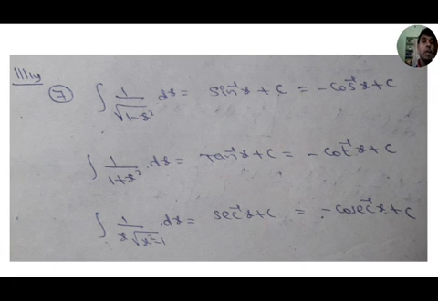Means we have x integration, x to the power of n integration, log x in 1 by x integration and e to the power of x integration, a to the power of x integration, sin x integration, cos x integration, sec square x, cosec square x, sec x into tan x, cosec x into cot x, and integration of 1 by square root of 1 minus x square, integration of 1 by 1 plus x square, integration of x into square root of x square minus 1.